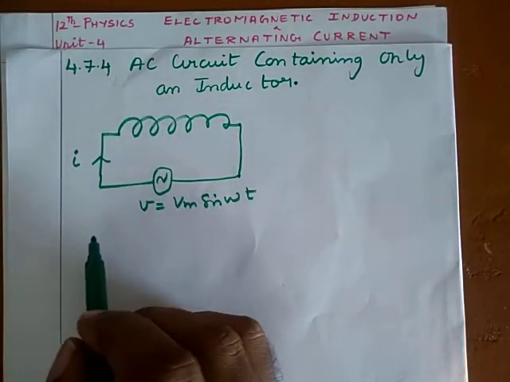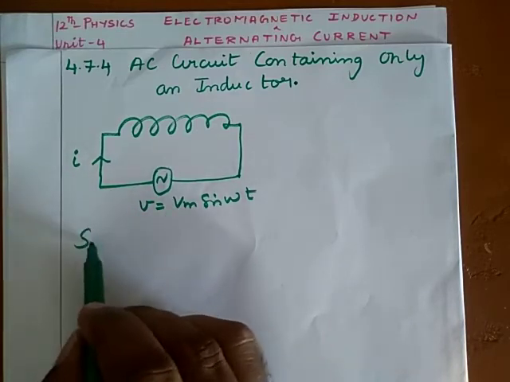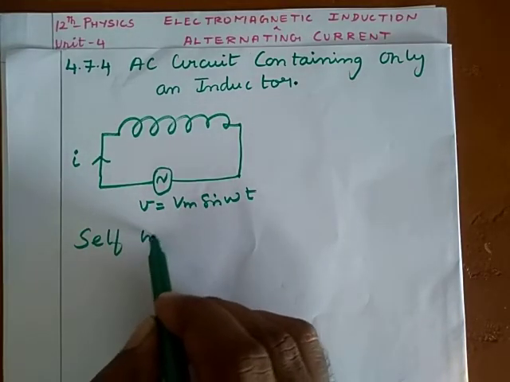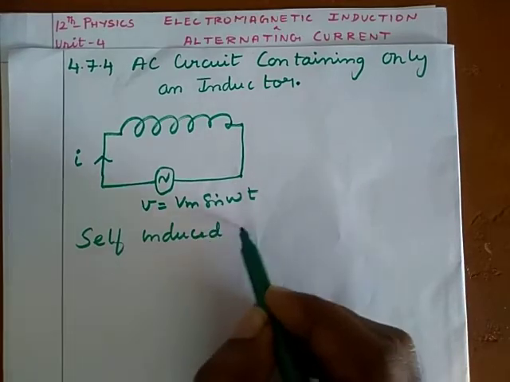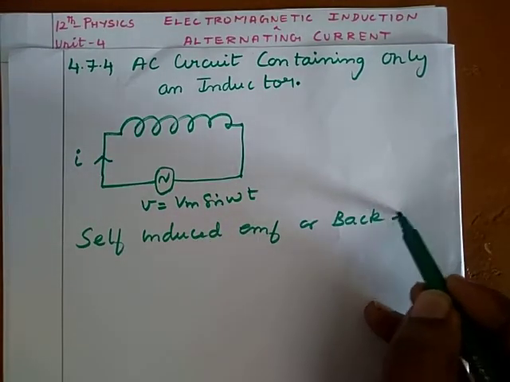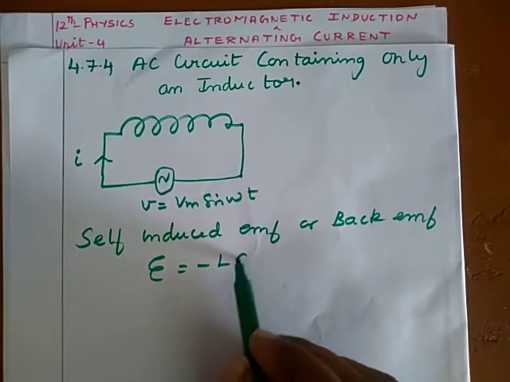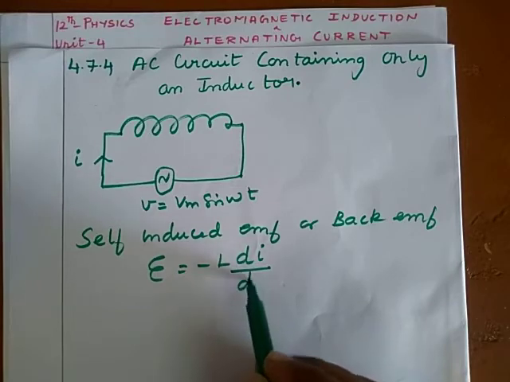The self-induced EMF or back EMF is given by psi = -L di/dt.